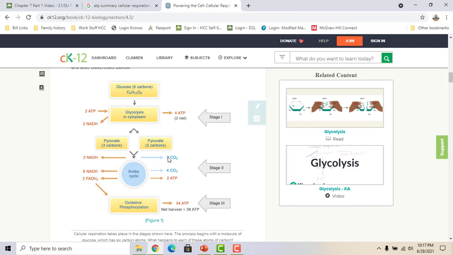When that occurs, you get 2 carbon dioxide. It goes into the Krebs or the citric acid cycle. At the end of the citric acid cycle, which is stage 2, we've had an additional 4 carbon dioxide, 2 ATP. You had 2 NADHs here, 8 NADHs here, 2 FADHs here.